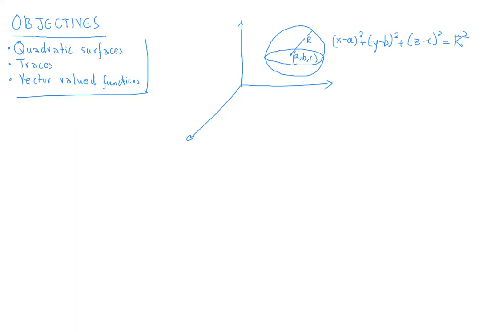Now, to see another type of surface, it's interesting to ask what happens if we get rid of one of these terms on the left of the equation. Meaning, let's say that we consider (x minus a) squared plus (y minus b) squared equals r squared. And we still insist that we are in 3 dimensions, because somebody might see this and say, oh, what, that's in 2 dimensions, it's a circle.